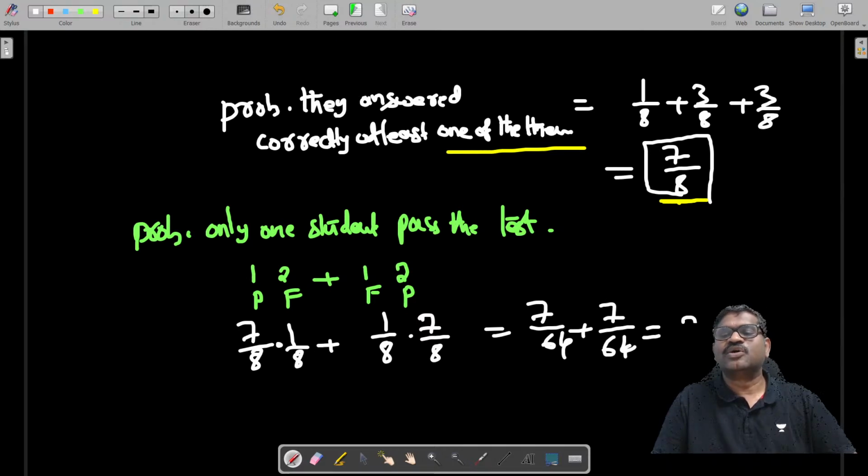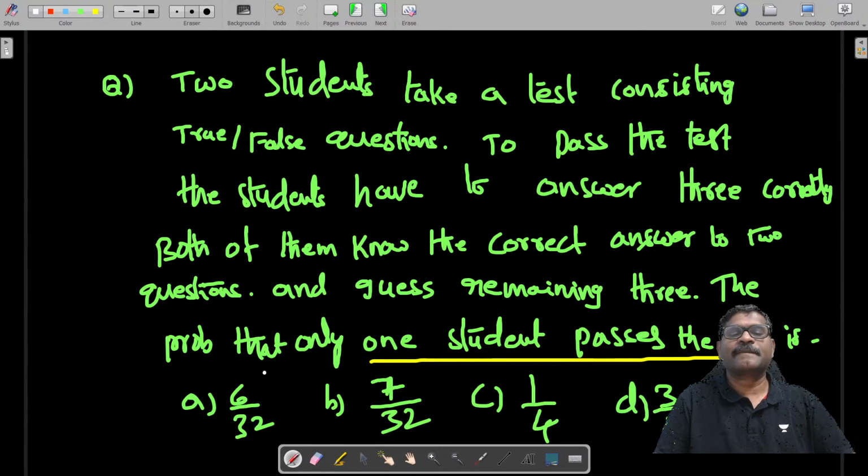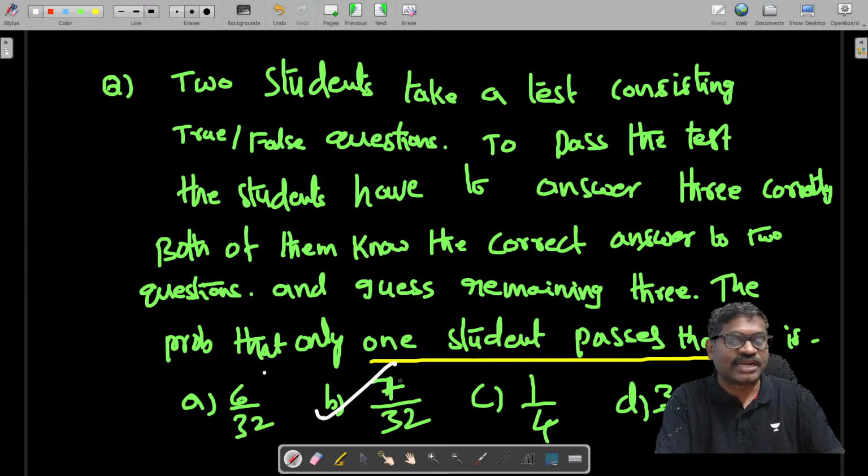That is 2 times 7/64, that is 7/32. That is the required probability. 7/8 is the probability that the guessed answer is correct. Okay?